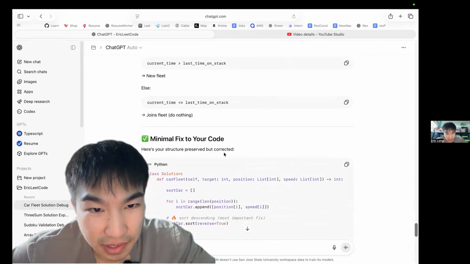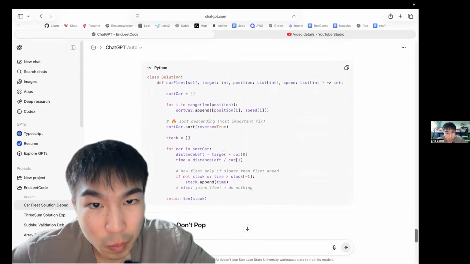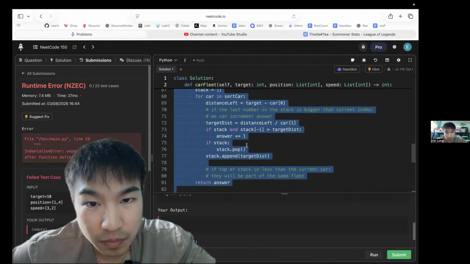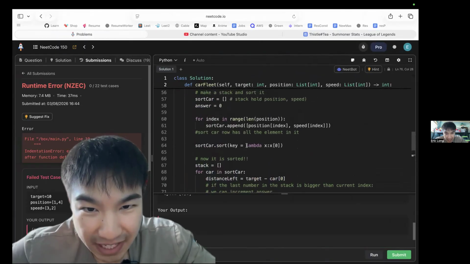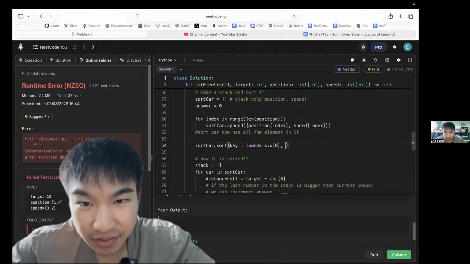Ah, I see. So we're supposed to actually sort it opposite. So we do sort car, this, and we can say reverse is equal to true.